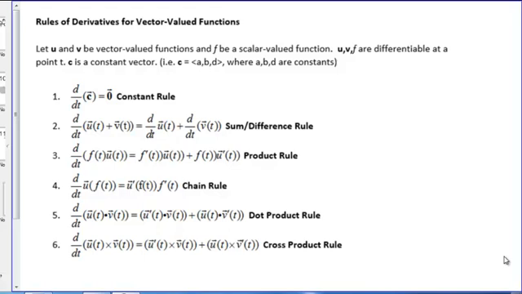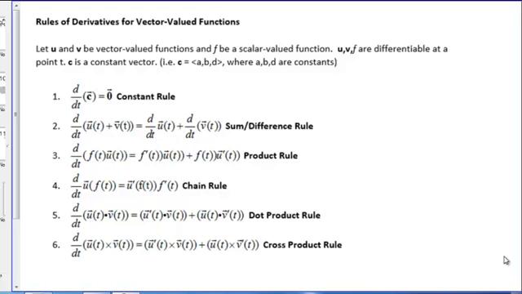So the first rule is that the derivative of a constant vector is the zero vector. Second, we have the sum or difference rule, that the derivative of vector u of t plus v of t is the derivative of vector u plus the derivative of vector v.